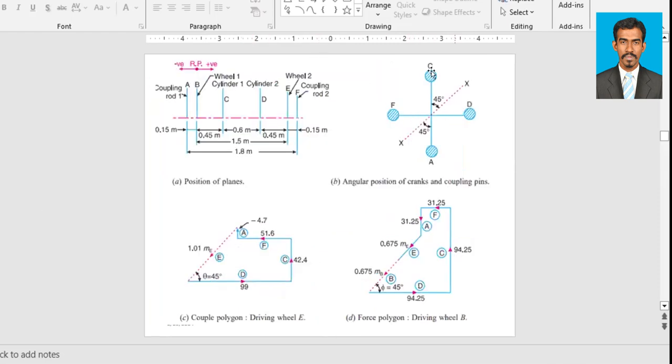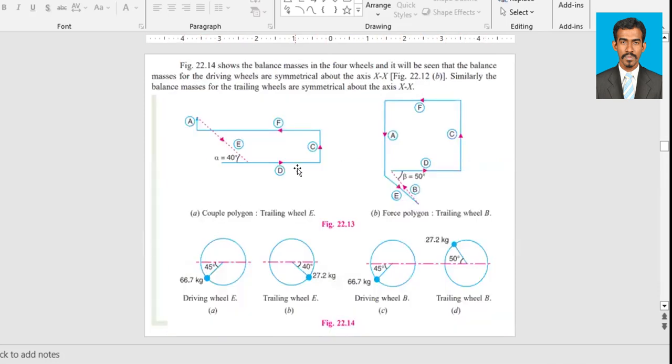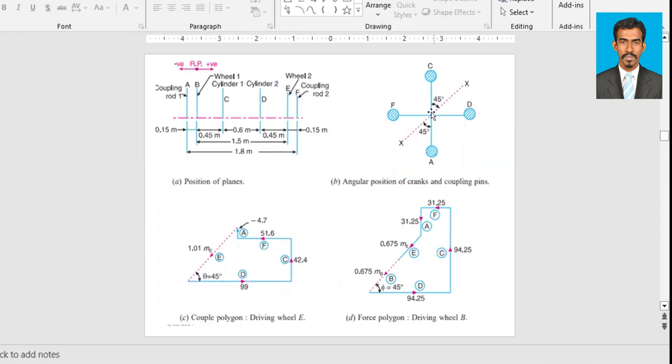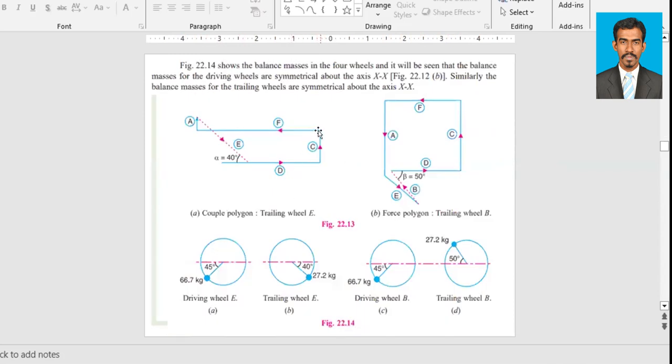Then we have C, the value of which is 13.2, so from here it is 13.2 upwards. Then the third value, go to F, that is 51.6, in this direction.